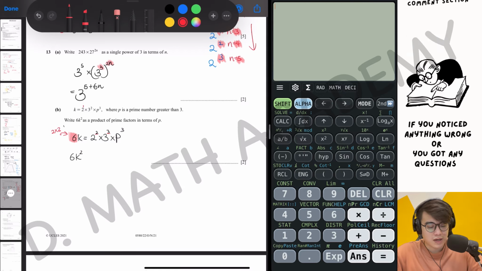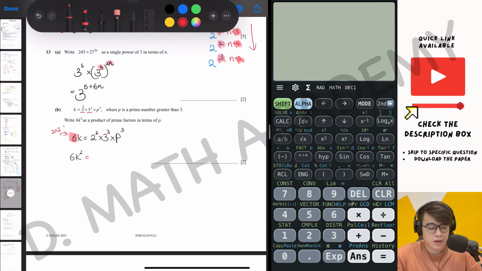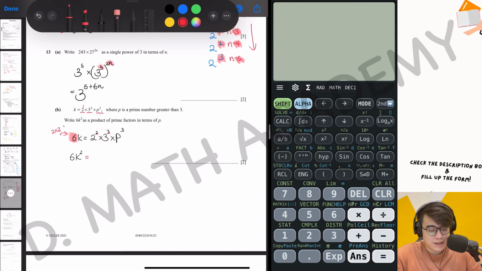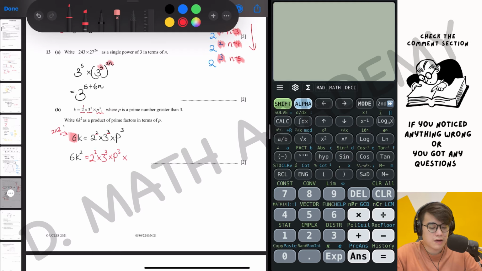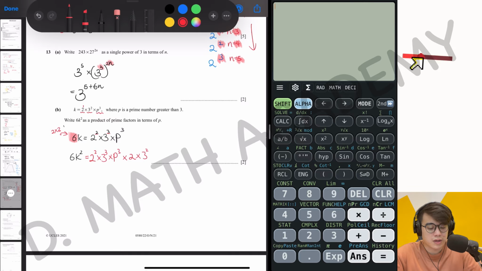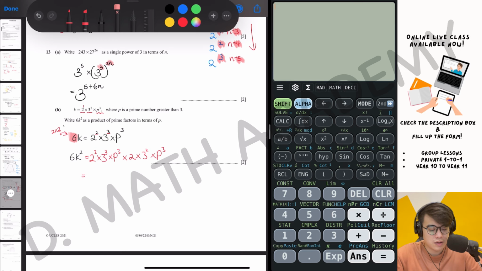If there's another k squared, which means we are multiplying another set of 2, another set of 3 squared, and another set of p cubed here. So with the existing that I have here, I will write that I am required to multiply another 2 into it, another 3 squared, and another p cubed. So this will result in 2 to the power of 3 at the end.